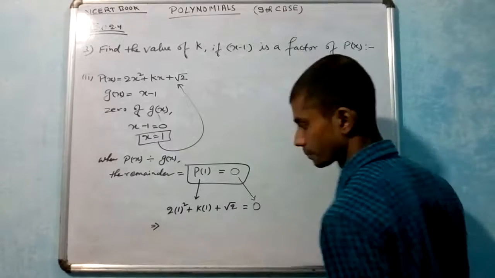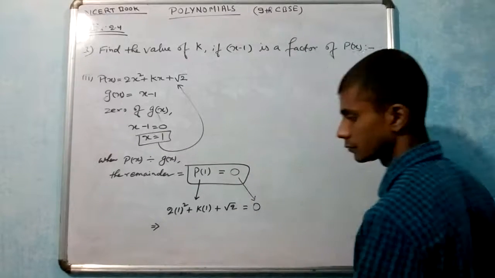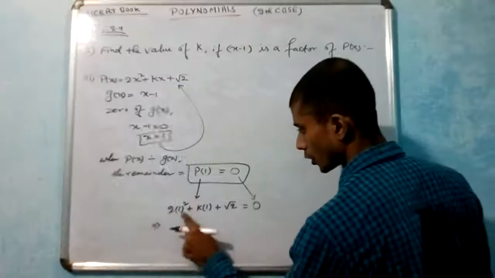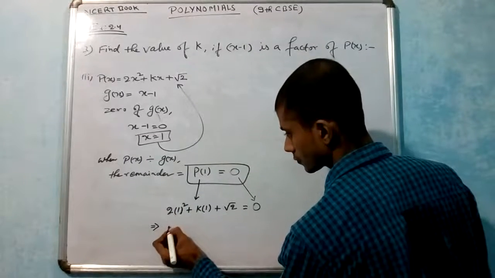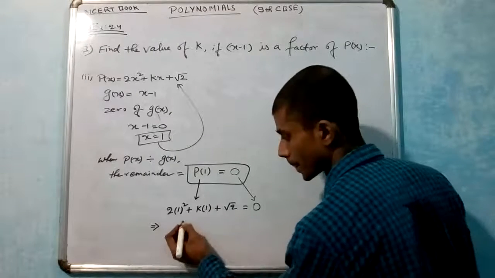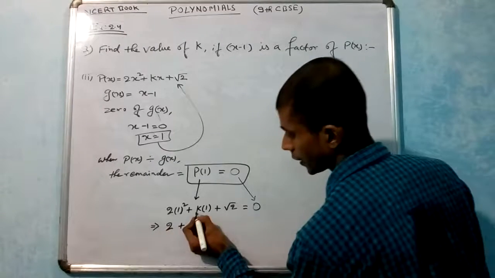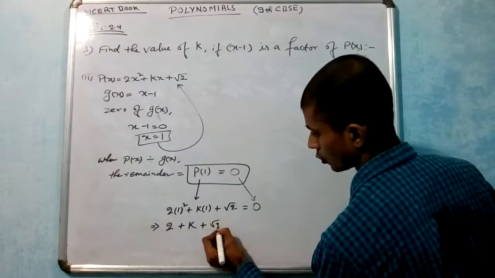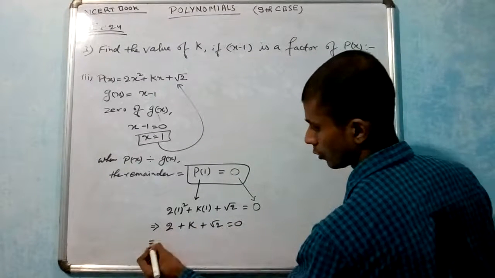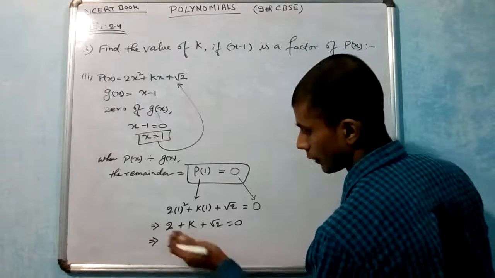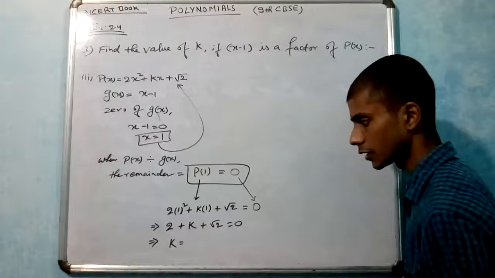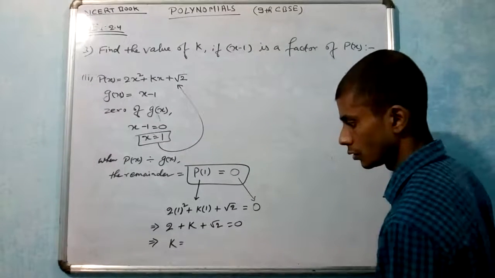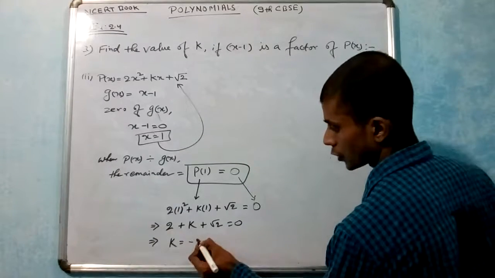Now come on, tell me fast. 1 square means 1. 2 into 1 is 2, plus k into 1 is k, plus root 2 is equal to 0. Now how can I get the k value? I will send all the other values to this side, so it will become minus 2 minus root 2, no?